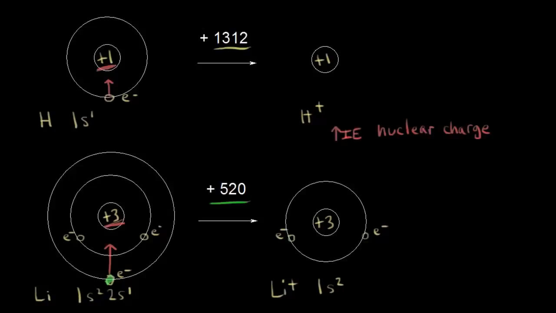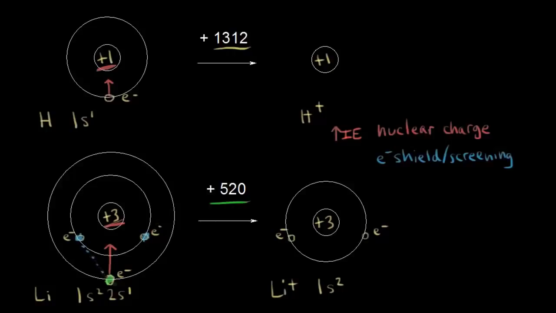All right, next let's talk about electron shielding, or you could also call it electron screening. The idea of electron shielding is the inner shell electrons are going to shield the outer electrons from the positive charge of the nucleus. Let's look at lithium for an example. These two inner shell electrons are going to repel the outer shell electron.